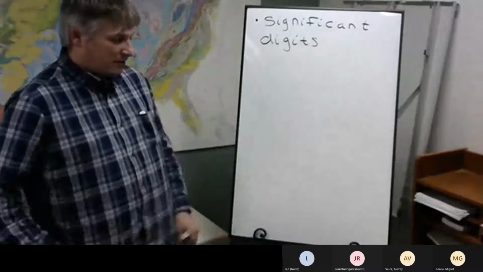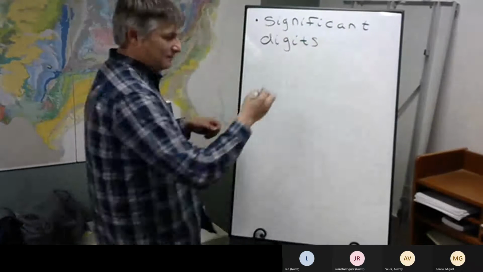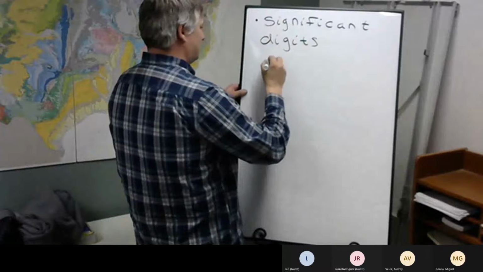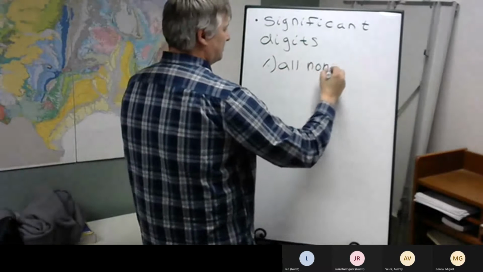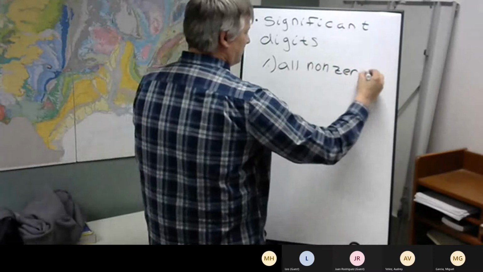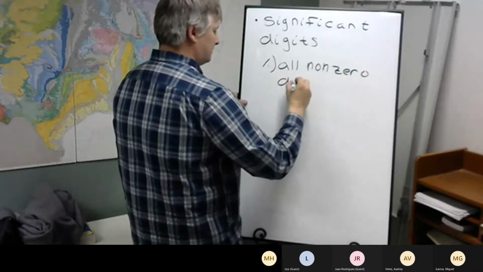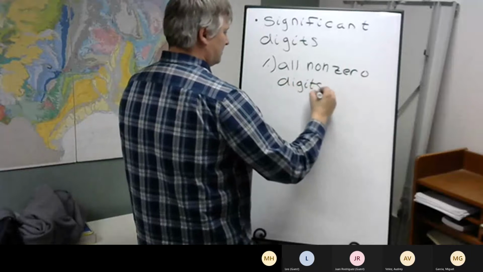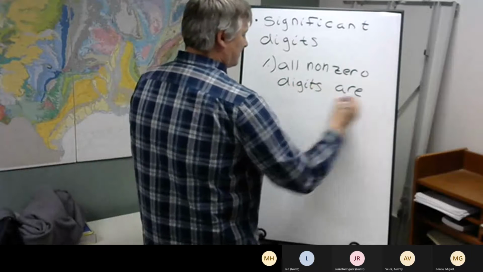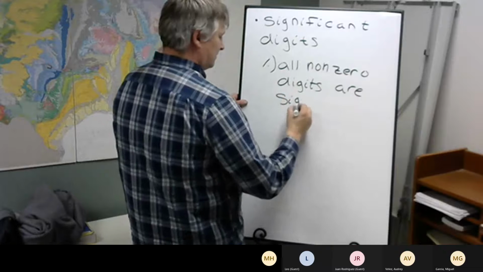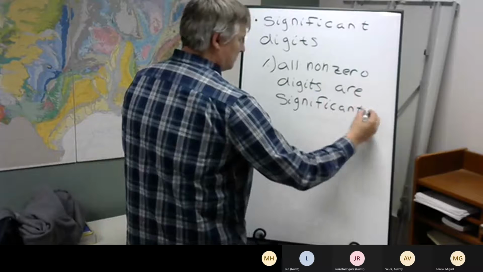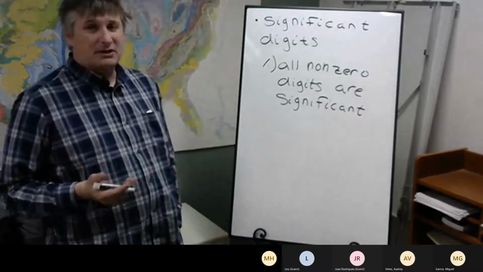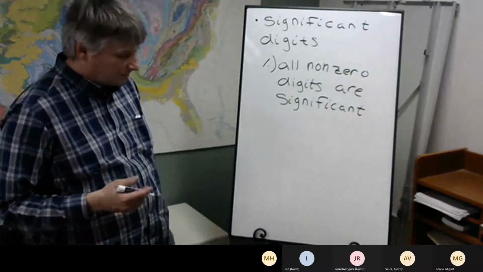So first off, what are they? The first thing, all non-zero digits are significant. So all non-zero digits are going to be significant.